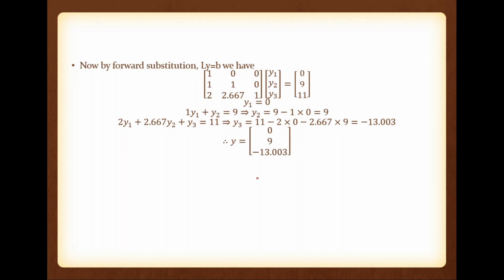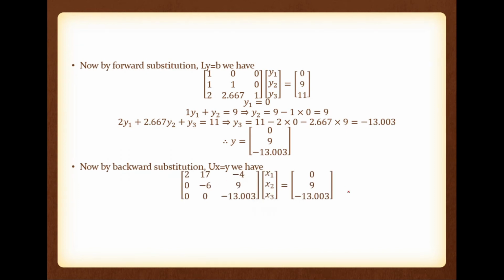Now by using the equation Ux is equal to y, we are going to find x. So this is Ux is equal to y, 2 17 minus 4, 0 minus 6 9, 0 0 minus 13.003, x1 x2 x3 equal to 0 9 minus 13.003.